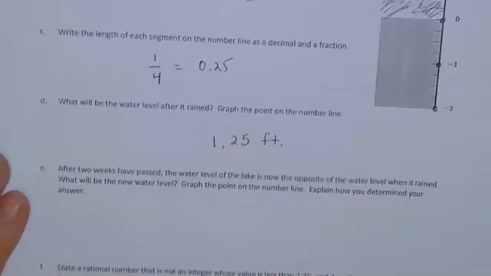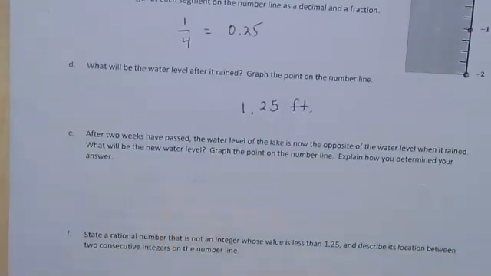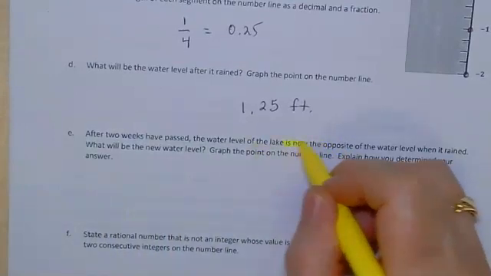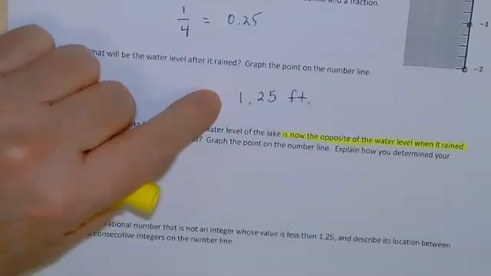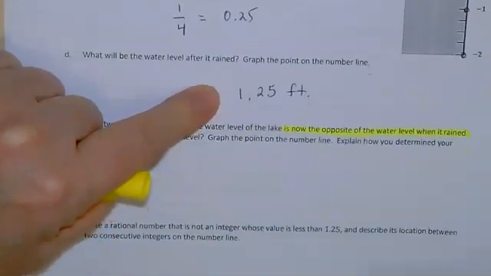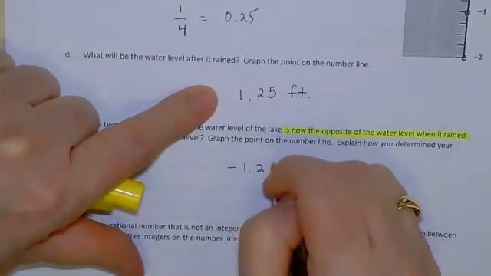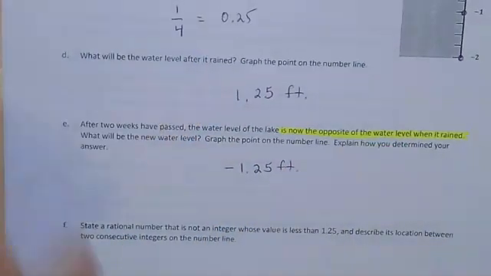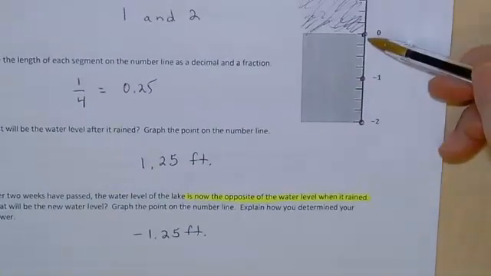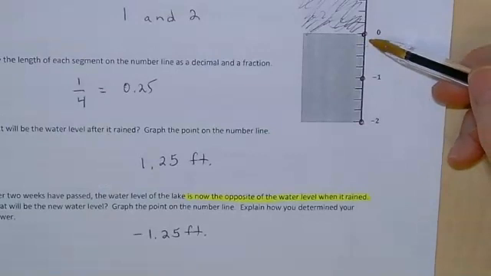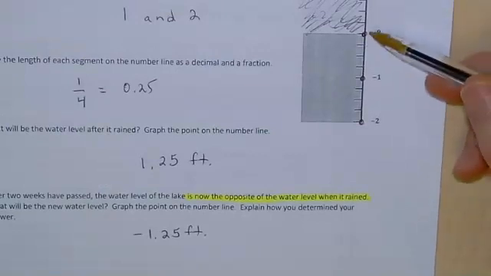One more question on this side. After 2 weeks have passed, the water level of the lake is now the opposite of the water level when it rained. What's the opposite of this? Negative 1.25. And where is that on the rain gauge? Well, if positive 1.25 is above 0, negative is going to be below 0.